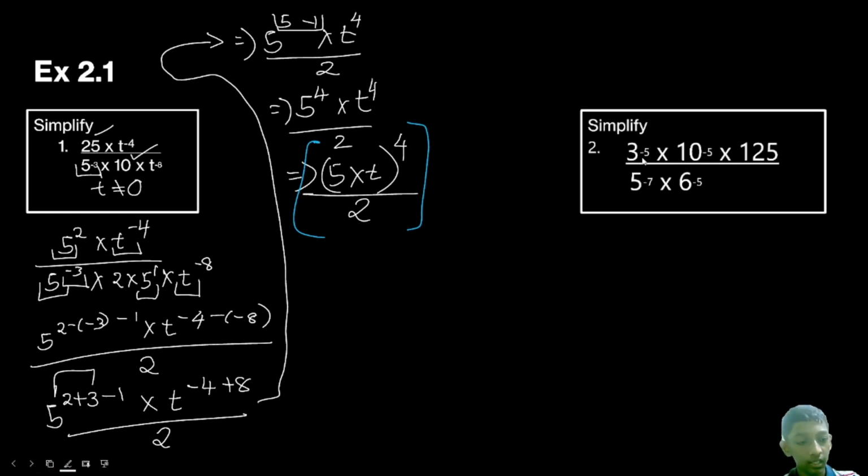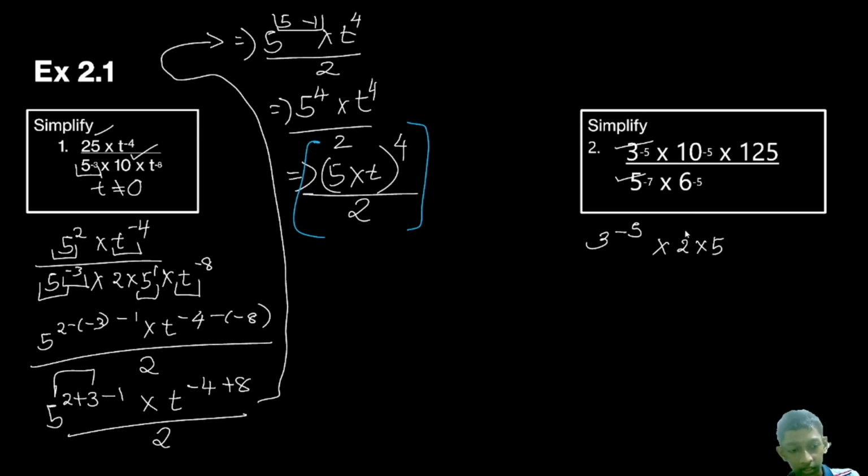Simplify 3 raised to the power of minus 5 into 10 raised to the power of minus 5 into 125, divided by 5 raised to the power of minus 7 into 6 raised to the power of minus 5. So in this question, 3 and 5 are the only prime numbers. So let's write them. 3 raised to the power of minus 5 into 10 raised to the power of minus 5. 10 is 2 into 5.